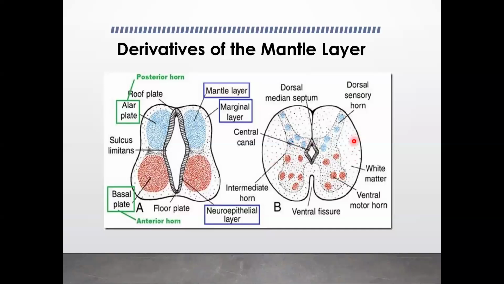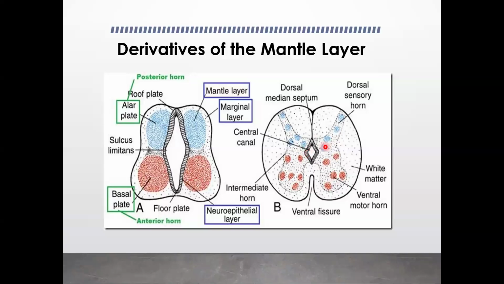Then another point of appreciation is that the white matter will be coming from the marginal layer. So the marginal layer ideally has axons, fiber tracts. Then for the central canal, ideally that one remains entirely in the spinal cord, in the brain, it gives us the ventricles, the central canals, the cerebral aqueduct.